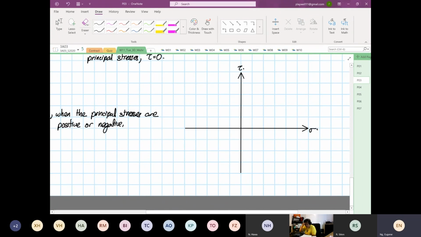So for this case, we have our 2 points. So we have, this is our stress A, and over here, this is our stress B, right? So we construct our circle.